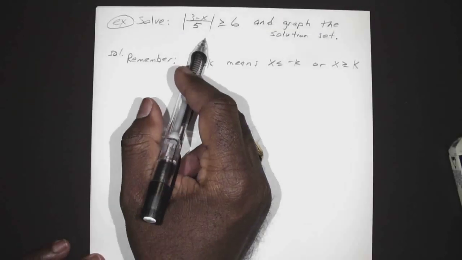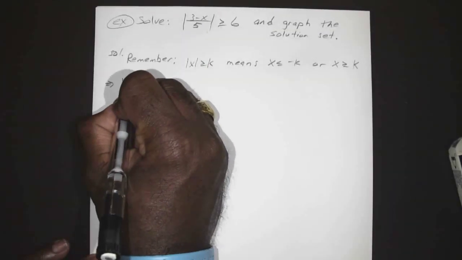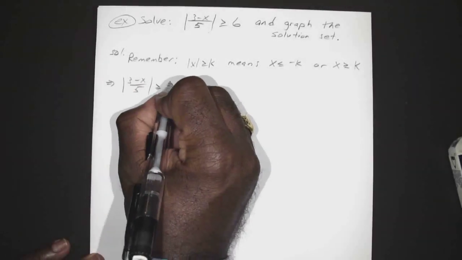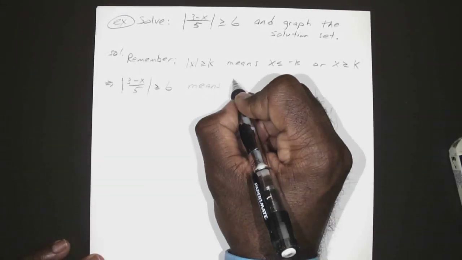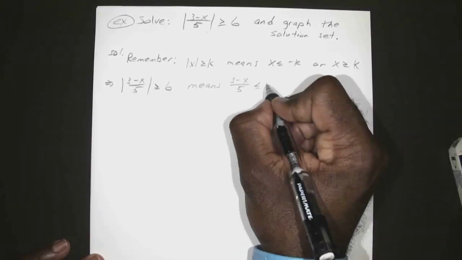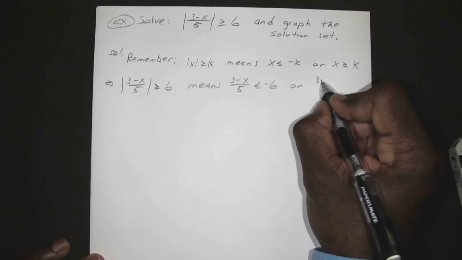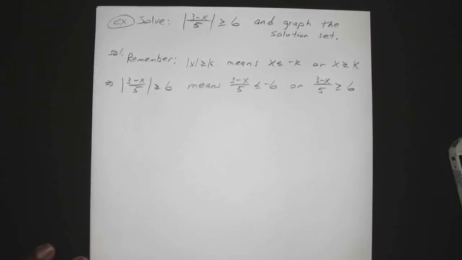Okay, so if we apply that to this problem, it's just telling us that the absolute value of 3 minus x over 5 is greater than or equal to 6 just means that 3 minus x over 5 is less than or equal to negative 6, or 3 minus x over 5 is greater than or equal to positive 6.